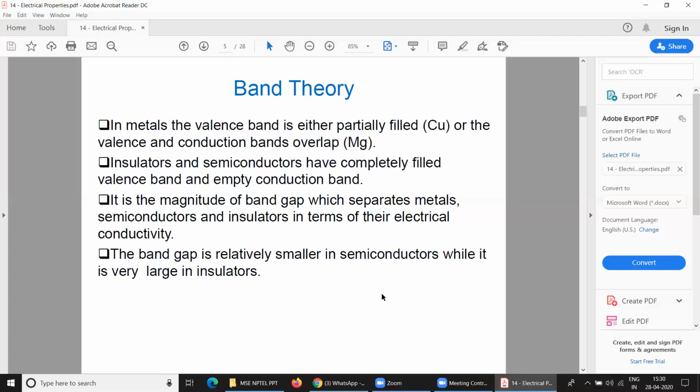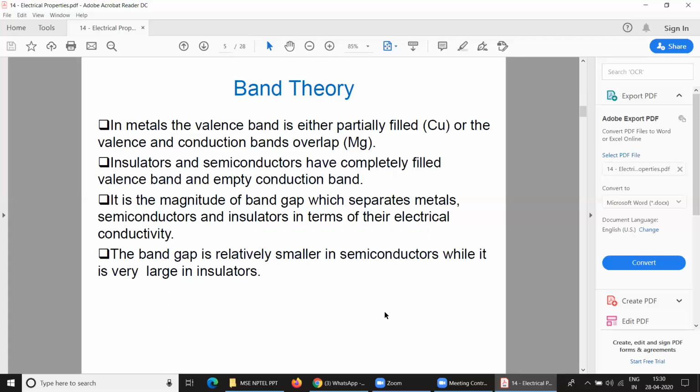We are already talking about the band theory, and in metals the valence band is either partially filled, that is for copper, or the valence and conduction bands overlap, that is in Mg or magnesium.